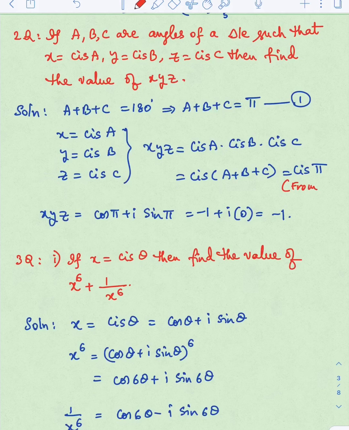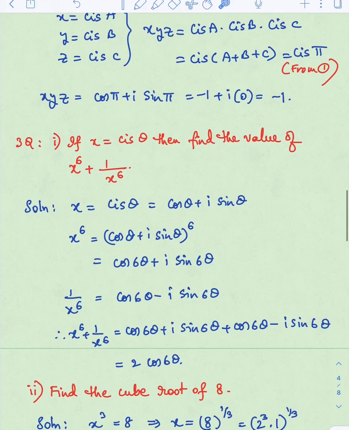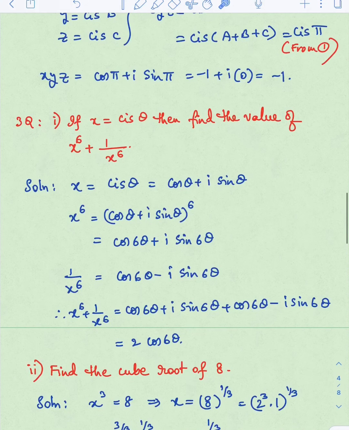This step came from equation 1. Next, cis pi can be written as cos pi plus i sin pi. Cos pi is minus 1, sin pi is 0, so i into 0 is 0. The answer is minus 1. So the value of xyz is minus 1. That's all.